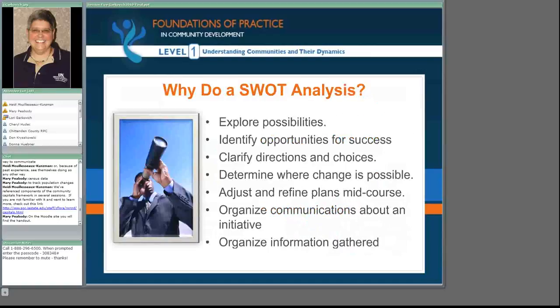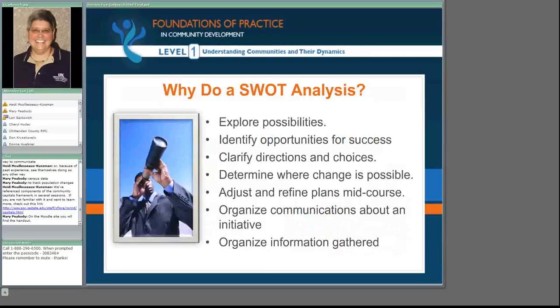You do it because you want to explore some possibilities. You want to clarify directions and choices that face your community or an organization. You want to think about where change is possible. I mean, is it possible to change the course that we're on, and if so, how? It is a very effective way.